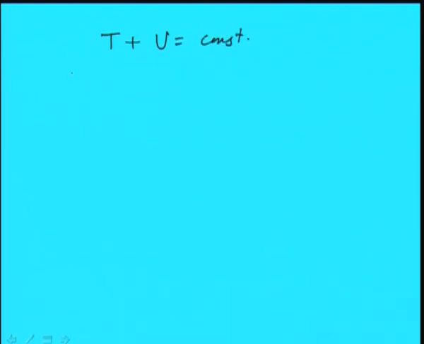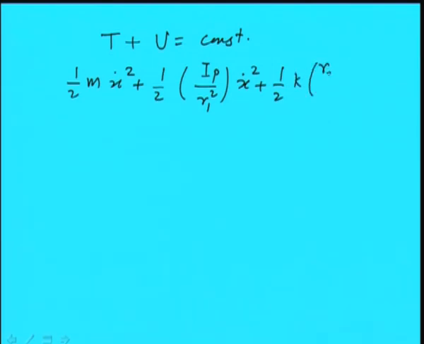So I am writing all the terms which we obtained in the previous slide. This is kinetic energy, and another term of potential energy, and this is constant.